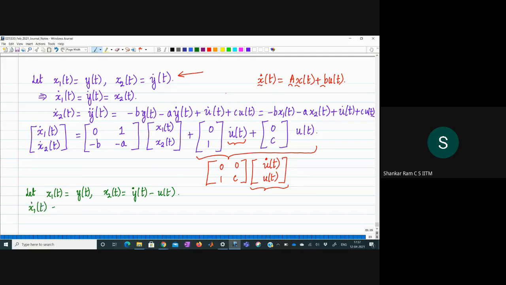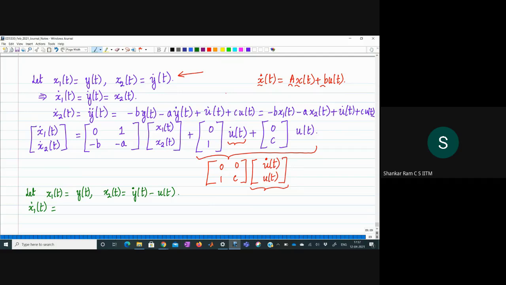Of course, the question that would immediately come to our mind is that, hey, how did we choose this x2, right? We will answer that as we progress further, right? See, if there is no method to choosing this x, we would be doing these things by trial and error, right? Not quite so. Okay, so there is some method behind the choice of these state variables. We will see how, as we go along.